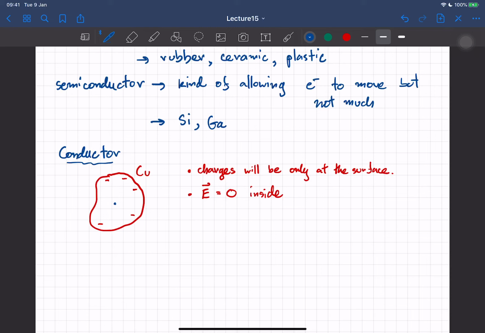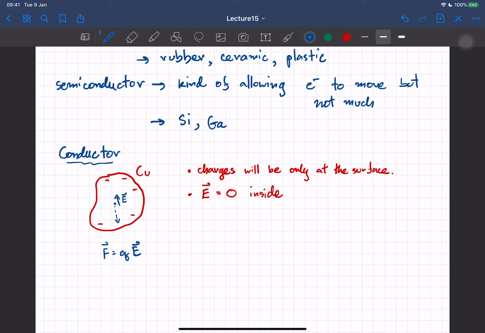It's just neutral. But imagine that you have an electric field inside which is not 0. What's going to happen? Well, if the electric field is not 0, then the electron at that position will feel some kind of force, according to F equals Q times E. Because there's a force, that electron will start to move towards the surface.